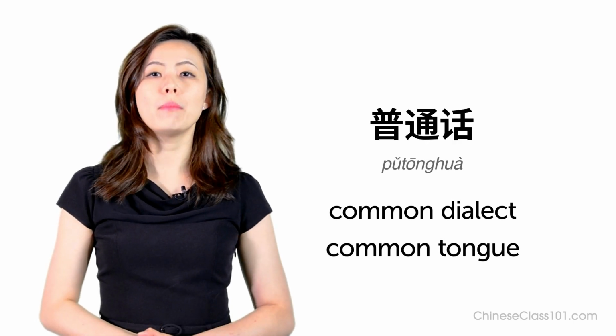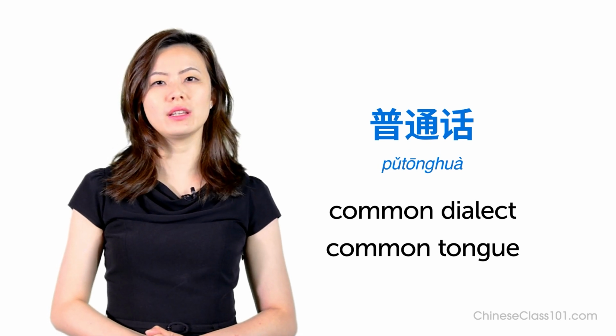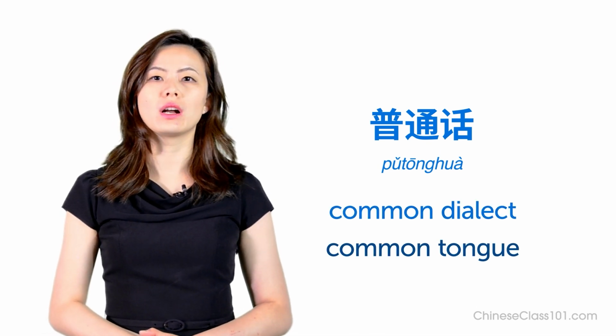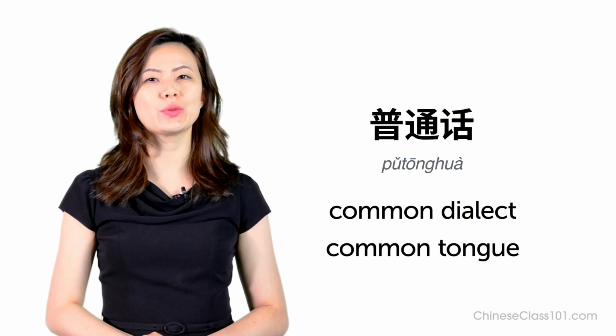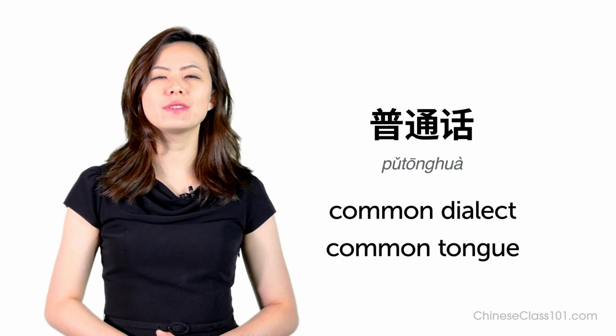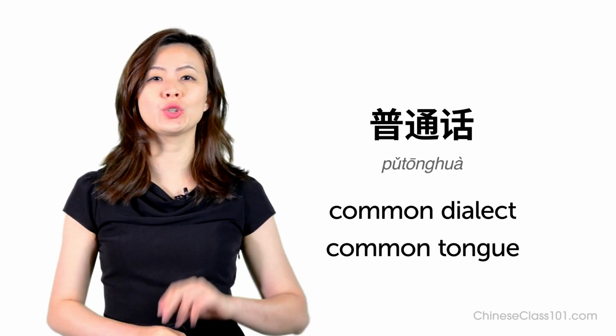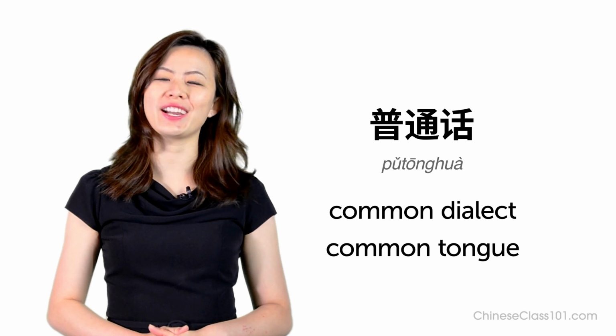In China, Mandarin is often referred to as 普通话, meaning common dialect or common tongue, and almost everyone in China speaks it. Apart from this common dialect, there are over 200 local dialects in China. People from different parts of China are likely to have a variety of accents when speaking Mandarin and foreign languages.